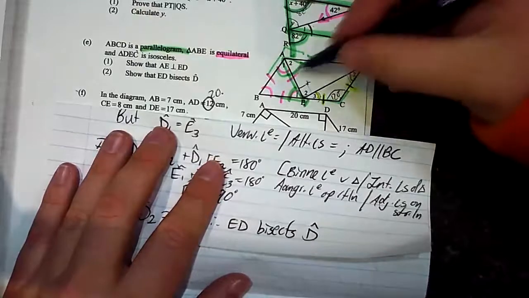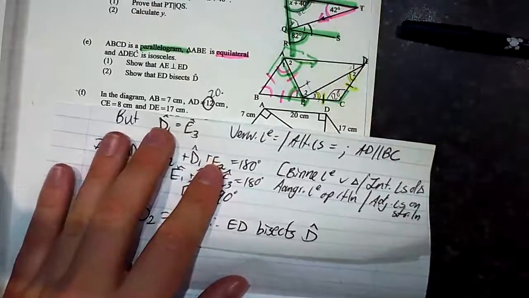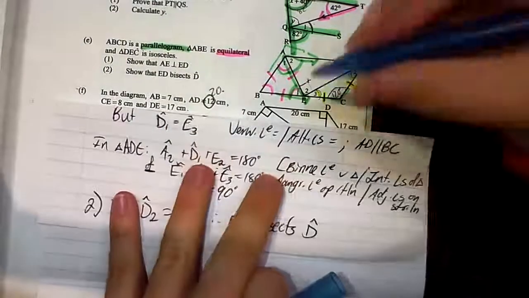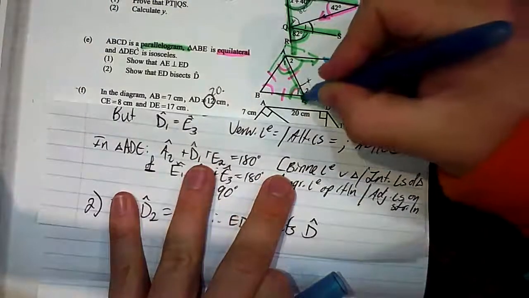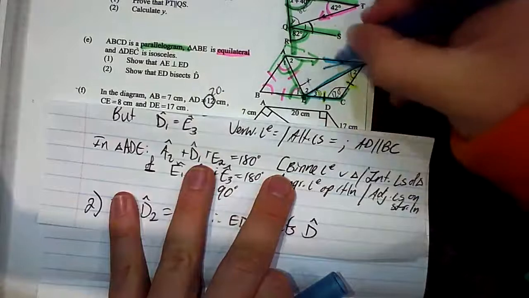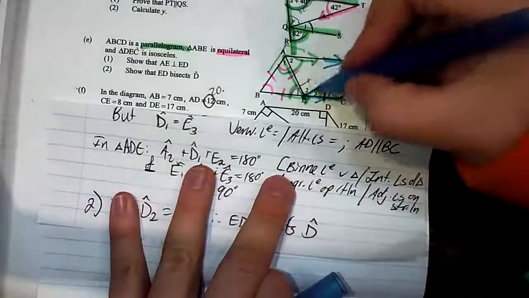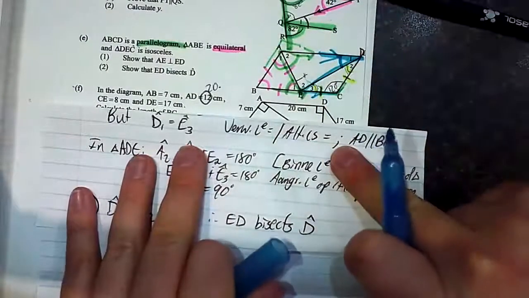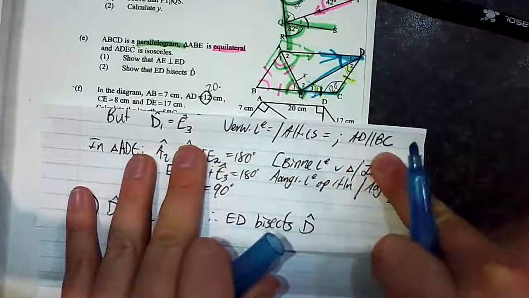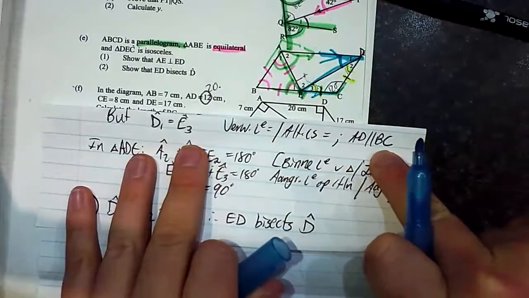D1 lê tussen twee parallelle lyne. Stem jy saam? Do you agree? Between two parallel lines, D1 is formed with a transversal. So E3 is also equal then to D1 because of alternate angles being equal due to parallel lines, AD parallel to BC.